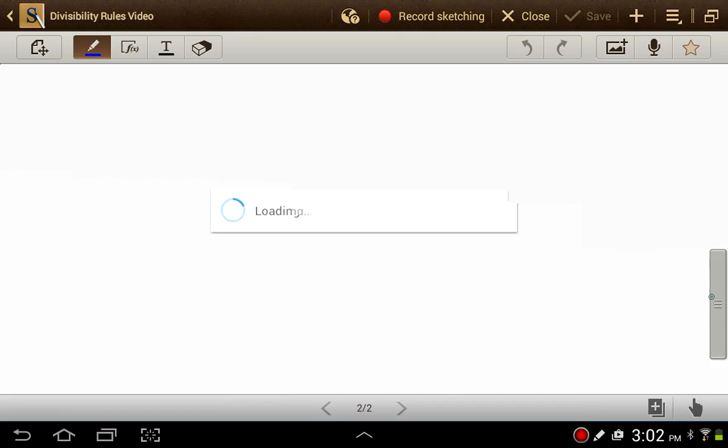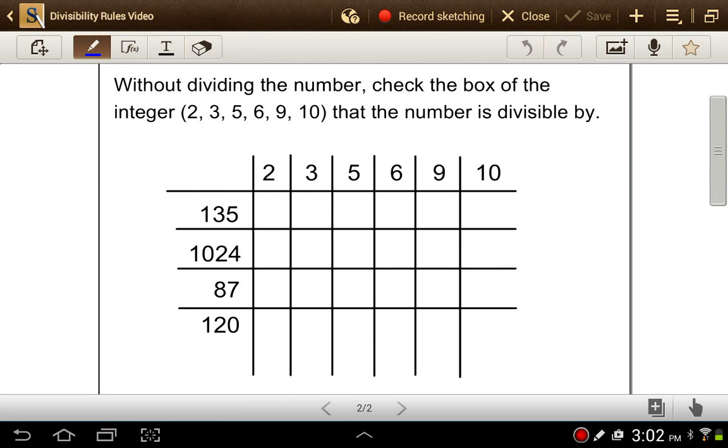Okay, I only got one example, really, with 4 different things. All right, without dividing the number, so without solving it, I want to check the box of the integer that the number is divisible by. Okay, so I'm not going to divide 135 by 2 to see if I get a remainder or not. That's a waste of time. I'm just going to check, is 135 divisible by 2? Is it even? No, so it's not divisible by 2. For 3, add them up. 1 plus 3 plus 5.